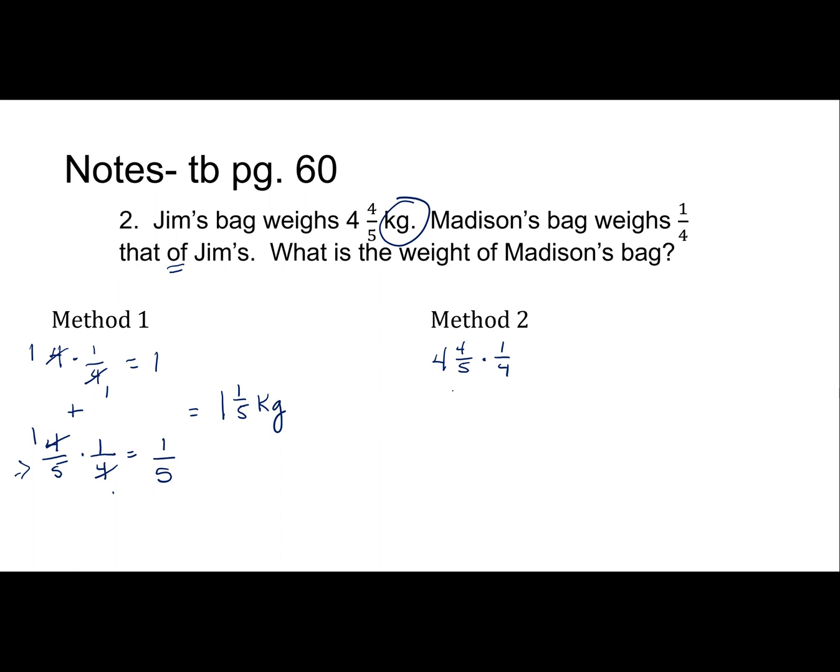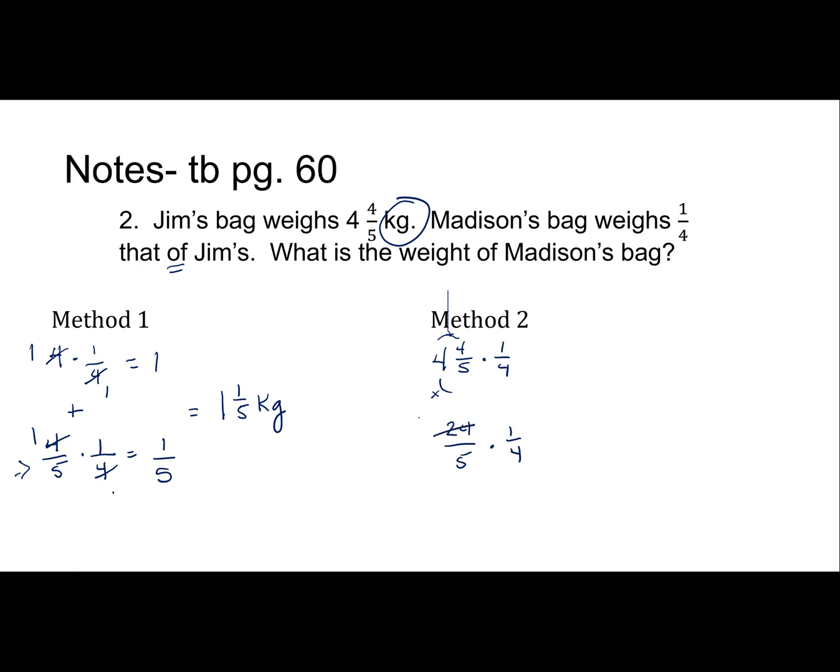Yes. Now we have to change that mixed number to an improper fraction because we can't do the multiplication algorithm with a mixed number. 24/5 times 1/4. Great job. And then Owen, can you help me cross cancel? 24 can become what? 6.